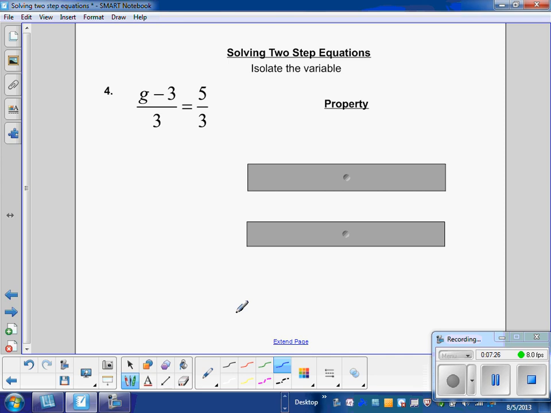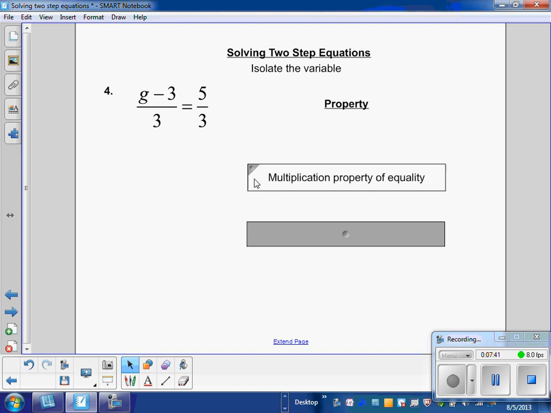g minus 3 divided by 3 is equal to 5/3. So we want to isolate our variable. We've got a minus 3, but this whole term is divided by 3. So we need to do the opposite of division, and we're going to multiply. So we're going to multiply by this 3 here.